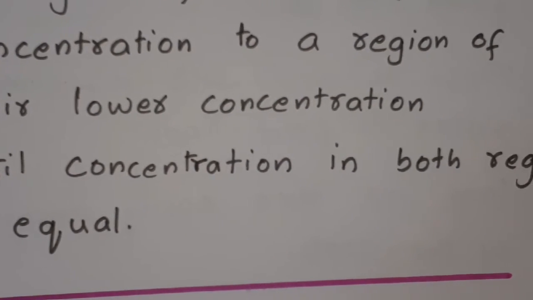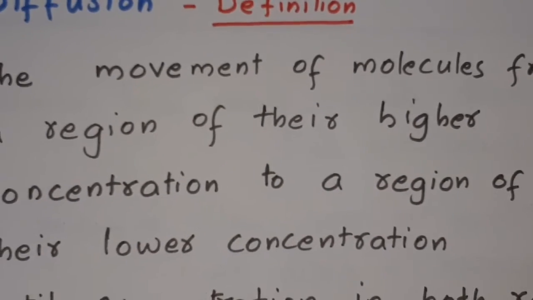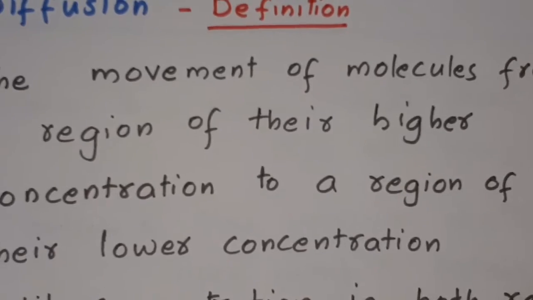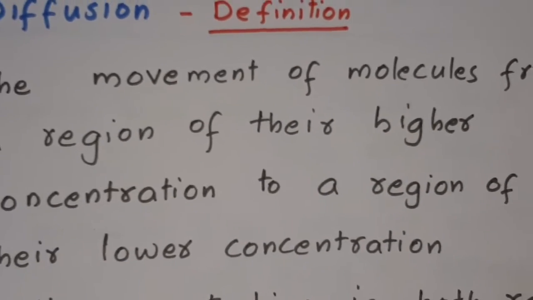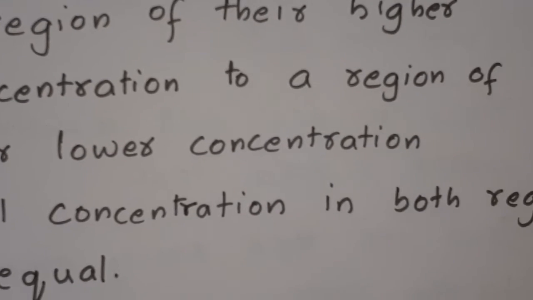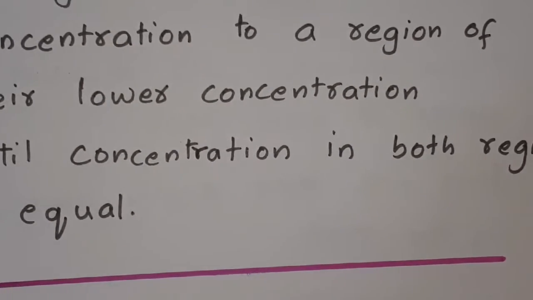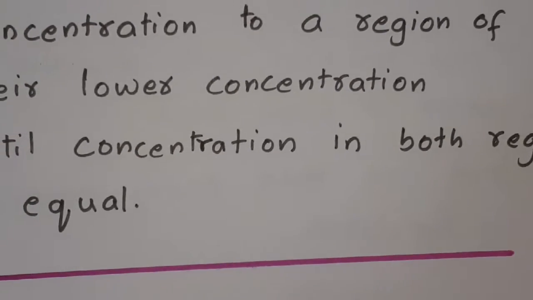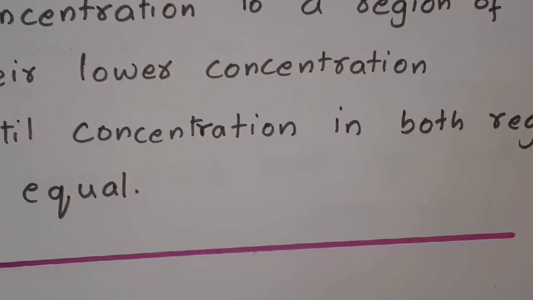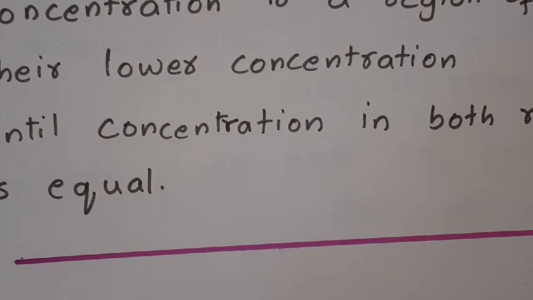Again I am telling, the movement of molecules, it can be solid, liquid or gas, whatever be the molecule type, but the movement of molecules from a region of higher concentration, where the amount is more, to a region of lower concentration, until both regions become equal. After becoming equal, the molecules will not move. So this process is called diffusion.